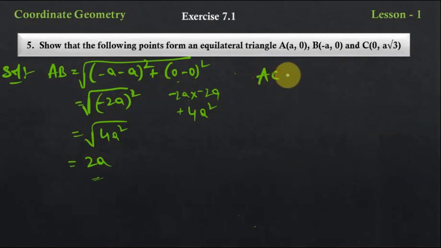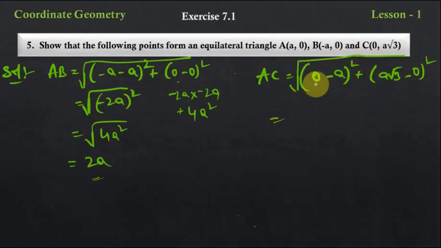Okay, AC is equal to, same formula again, distance AC. See here, x2 is 0 minus x1 is a, whole square, plus y2 is a root 3 minus y1 is 0, whole square, under root.